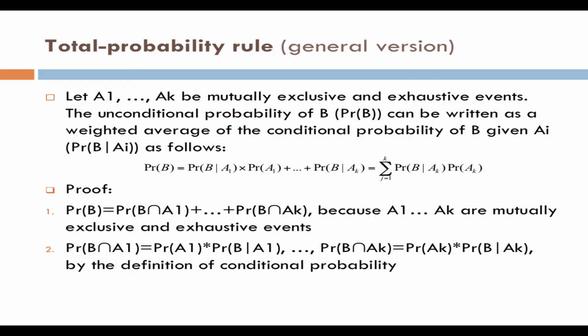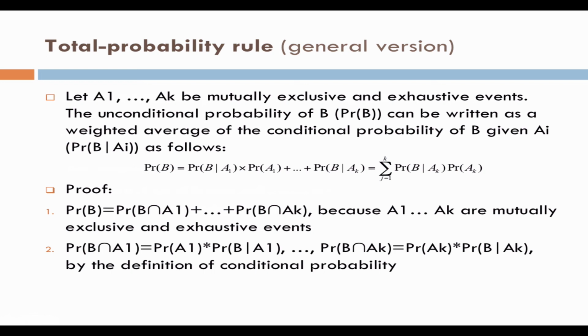So there we decomposed the probability of B into 2 components. One is conditional on A, and the other one is conditional on A complement. So here, A and A complement are mutually exclusive and exhaustive.